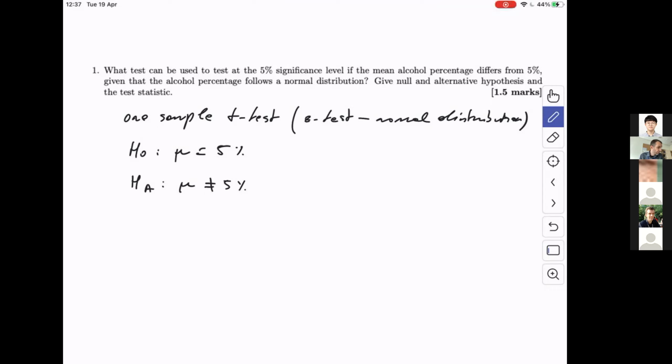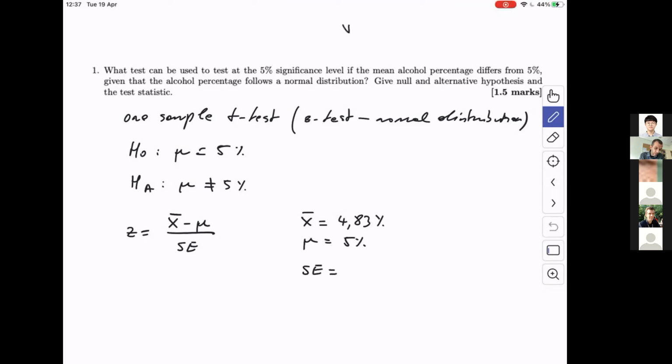You have no a priori indication to say it's going to be lower or higher. And then the test statistic. So for the test statistic, what do we have? Well, the test statistic is going to be the mean minus the population parameter divided by the standard error. And we have some, but not all of those data. We have that the mean was 4.83%. The population mean is 5%. And now the standard error, what is it?